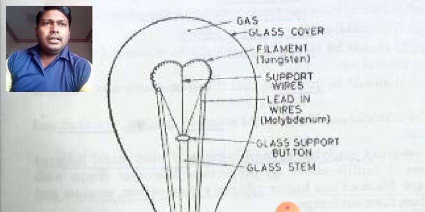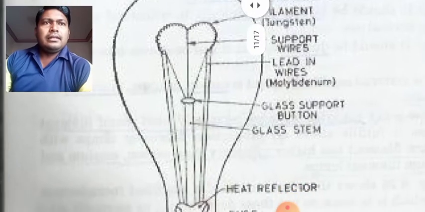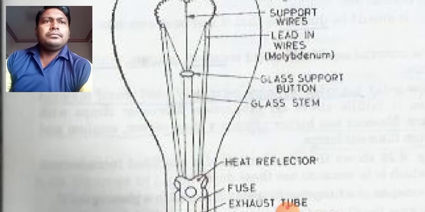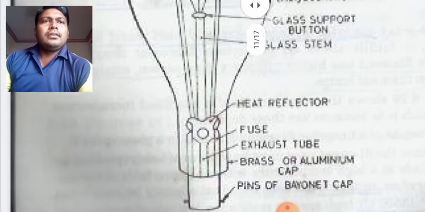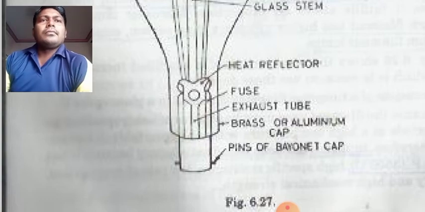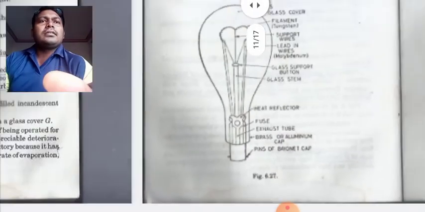So we have a tungsten filament, support wire, lead-in wires which are made up of molybdenum, gas support bottom, glass stem, heat reflector, fuse, exhaust tube, brass or aluminum cap or pins of bayonet cap. So now we will discuss its theory.